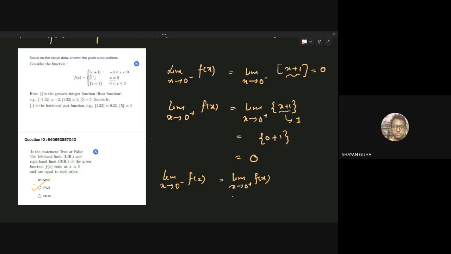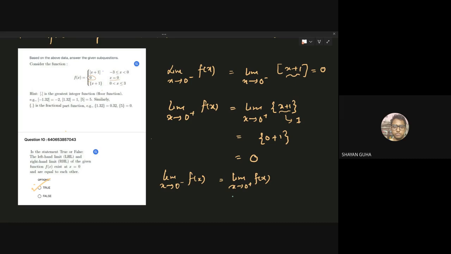This is a kind of infinite discontinuity. This kind of discontinuity is quite difficult to remove. I don't know if this can be removed. But if you have a finite discontinuity, we can redefine the function and make sure that after redefining, the function becomes continuous. Is this clear?